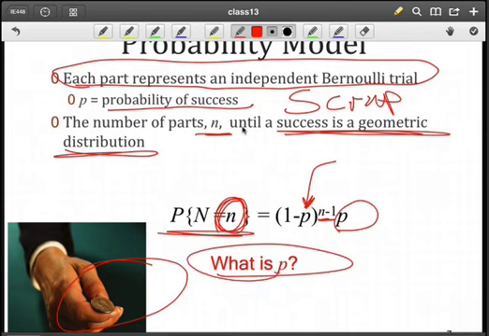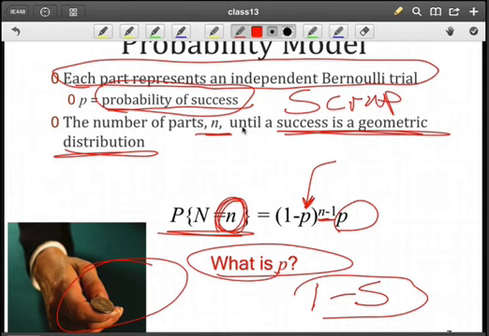So the question I have here is, what is P, if P represents the probability of success? In our context, P will represent 1 minus S, S being the scrap rate. So this number is strictly between 0 and 1. As S approaches 0, our probability of success goes to 1. As S approaches 1, our probability of success goes to 0.